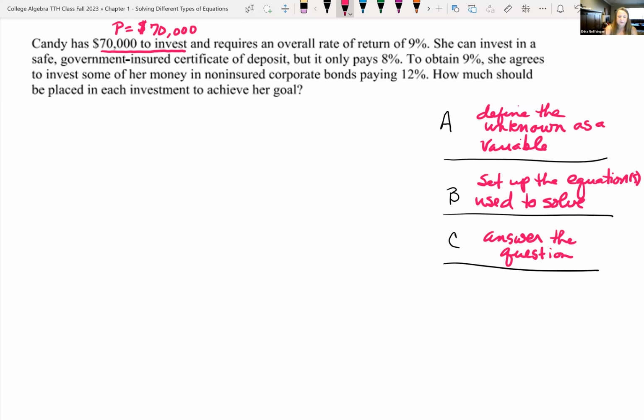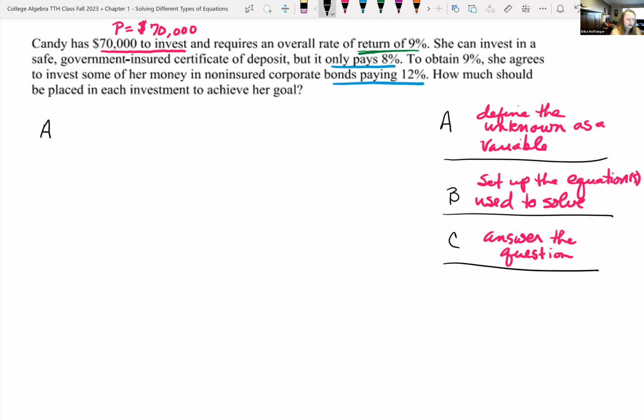She wants the return to be 9%. She can invest in 2 different accounts. One pays 8%, and the other one pays 12%. So how much should be placed in each investment to reach her goal?